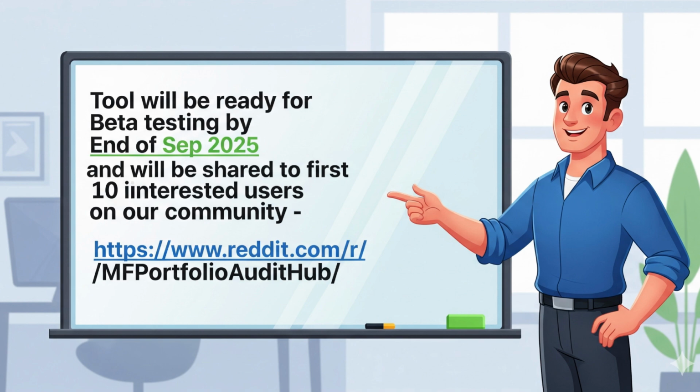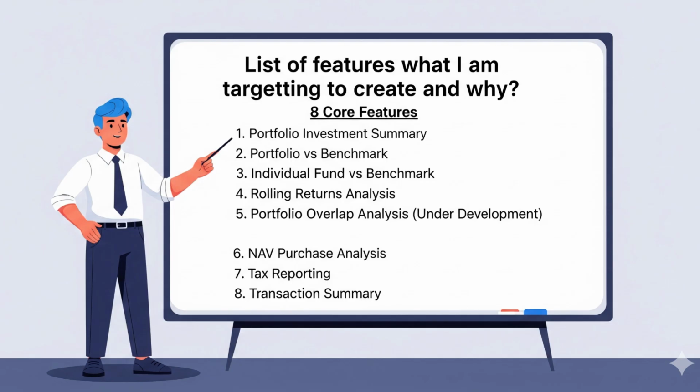Okay, so coming to the list of features I am targeting. As mentioned in the previous post, it's not only the portfolio versus benchmark comparison. I want to make this software my day-to-day portfolio tracker, and I want to do the portfolio comparisons, and based on the comparison, take actions on whether to exit or hold.